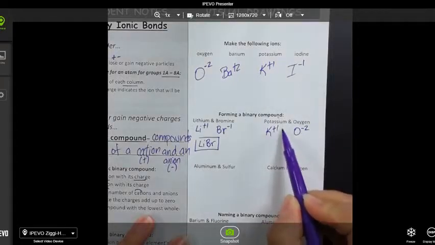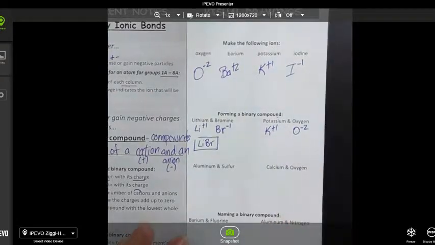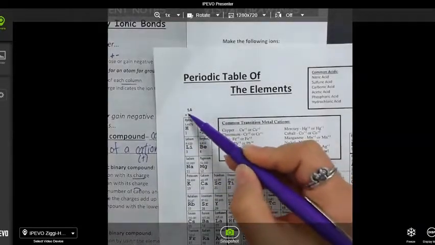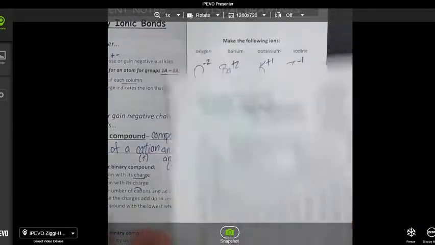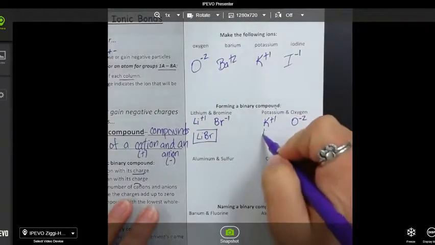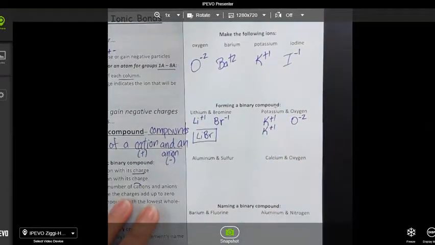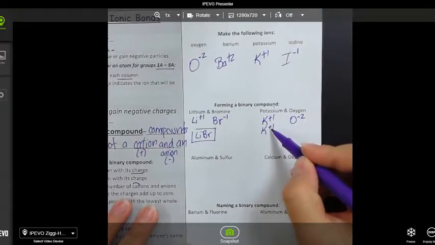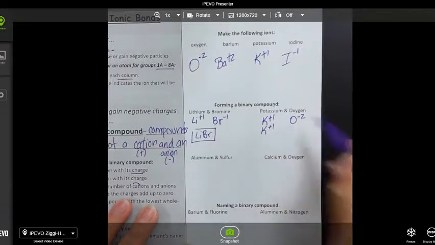Can I change the charge of potassium to 2 just because I want to? The answer is no, because potassium is a member of group 1. It can only have a +1 charge. So instead of changing the charge, I can have an additional potassium. Then I have 2 positives to cancel out my -2.